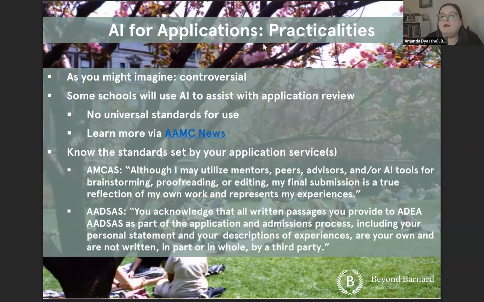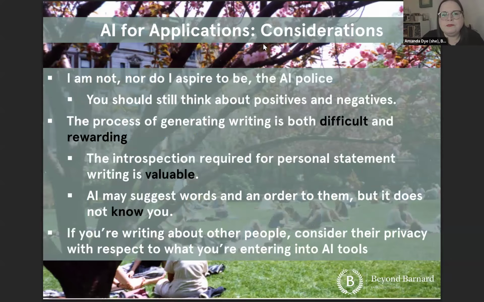I think it's important that everyone review and understand the standards that are set by application services. So these are examples from AMCAS, the MD application, and ADSAS, the dental school application. They may update these for the coming year's application cycle, so it's good to pay attention to the terms and conditions that you're agreeing to in those applications.